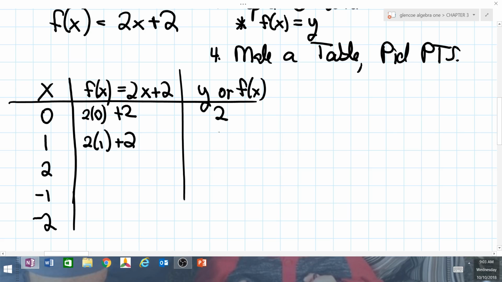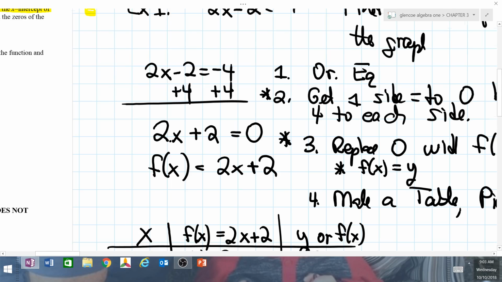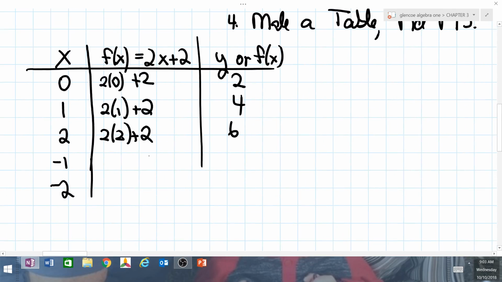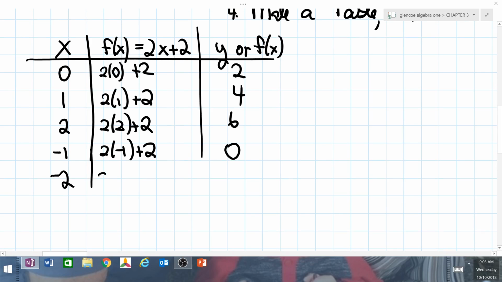What's 2 times 1? Good. When we put 2 in, we get what? 6. When we put -1 in, what do we get? 0. And when we put -2 in, what do we get? -2.